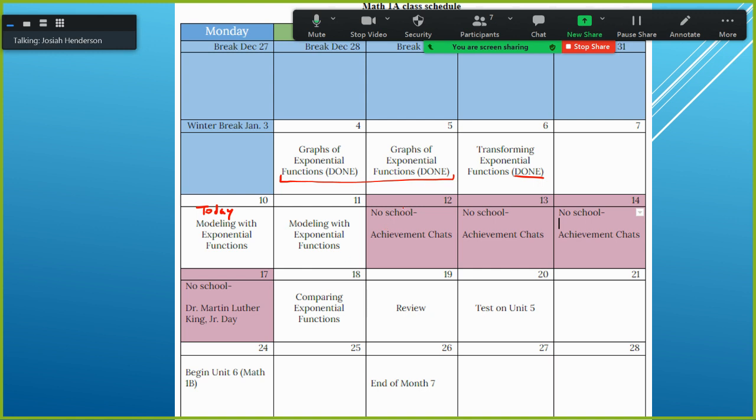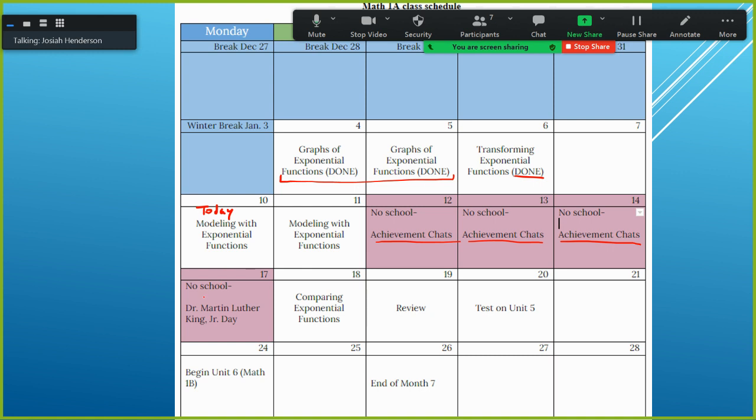Then notice that we don't have class or regular meetings on Wednesday, Thursday, and Friday of this week. We're doing achievement chats. So there's not going to be math class, and you need to set up an achievement chat with your regular independent study teacher. So we only have 2 days of class this week, unfortunately.